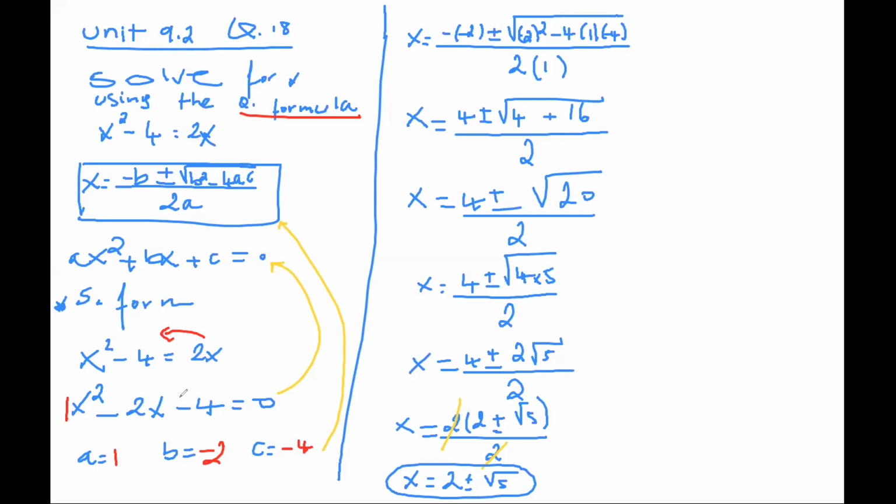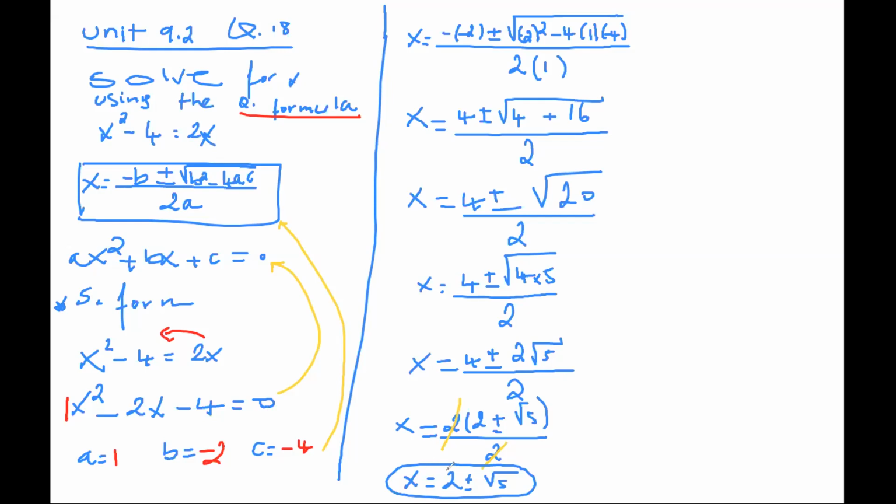Well, actually, the reason why we use the quadratic formula is because sometimes we can't factor. For example, here, can you think of two numbers that multiply to -4 and add up to -2? No. Let's think again. So -4, -2. So there's no way we can find two numbers that multiply to -4 and add to -2, right?